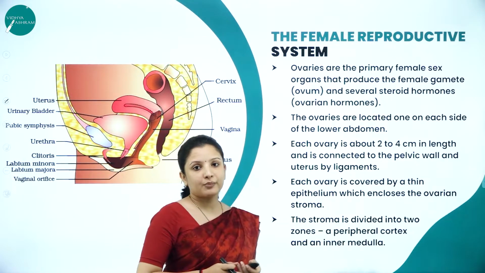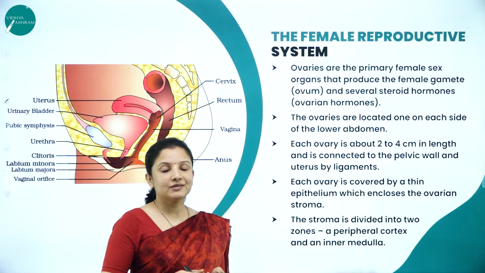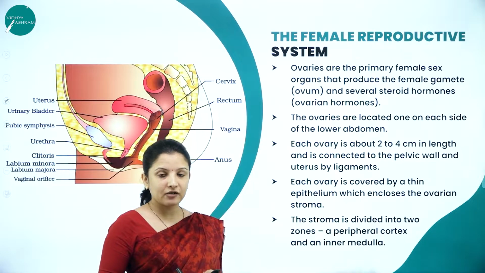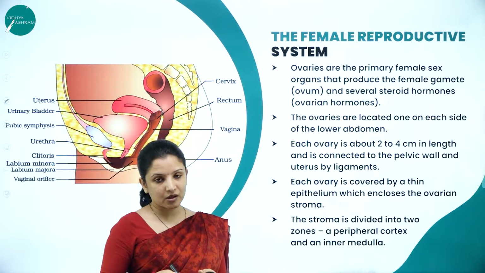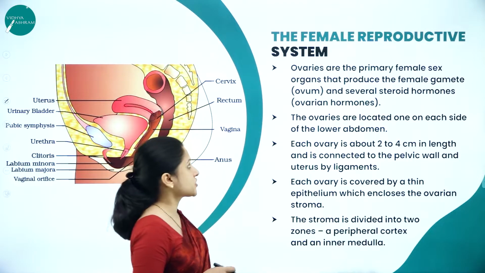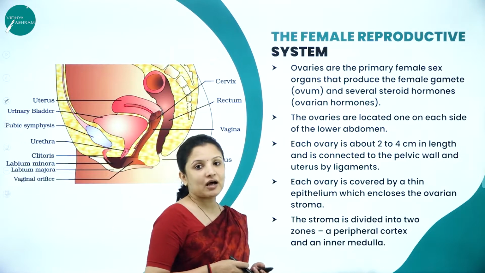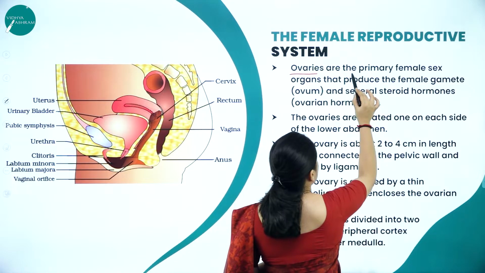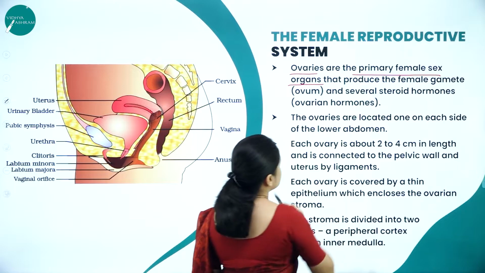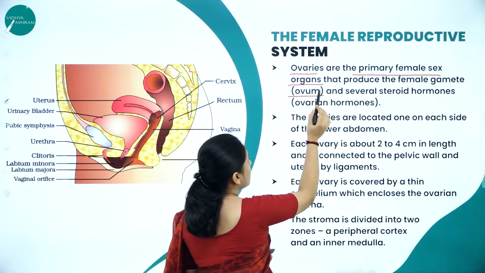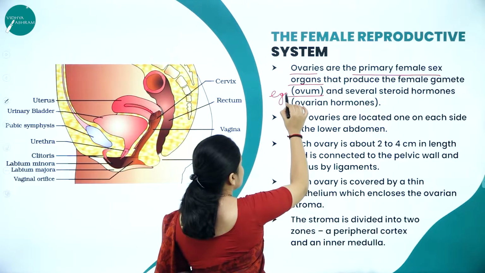First, talking about the ovaries. Ovaries actually produce the eggs that are needed for fertilization by the sperm, and therefore for zygote development and embryo formation. Ovaries are the primary, most important female sex organs that produce the female gametes, which are the ovum, or you can also call it the egg.